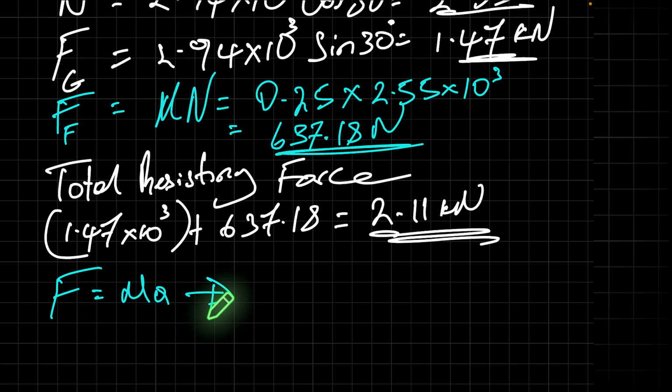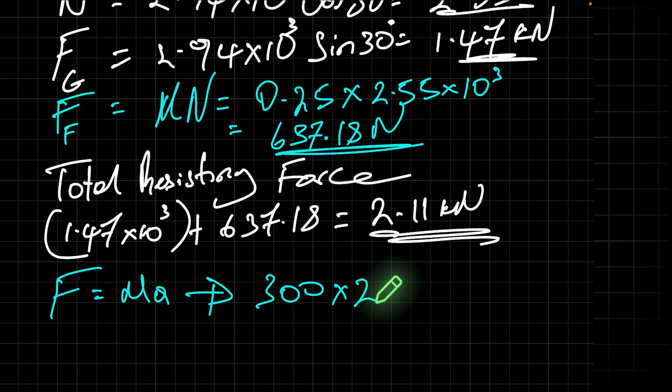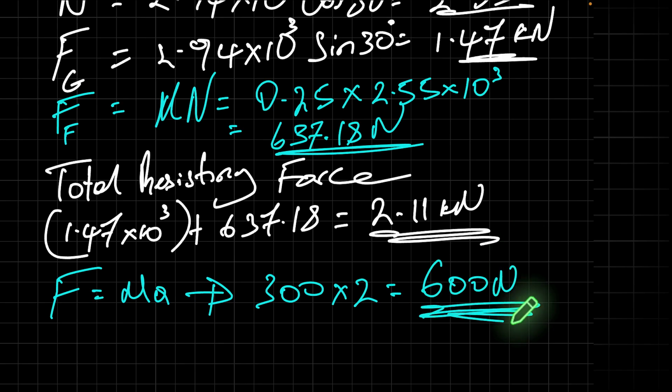Its mass is 300 kilo and its acceleration is 2 meters per second square. So this force is going to be 600 newtons. Okay, so that's applying Newton's second law there.